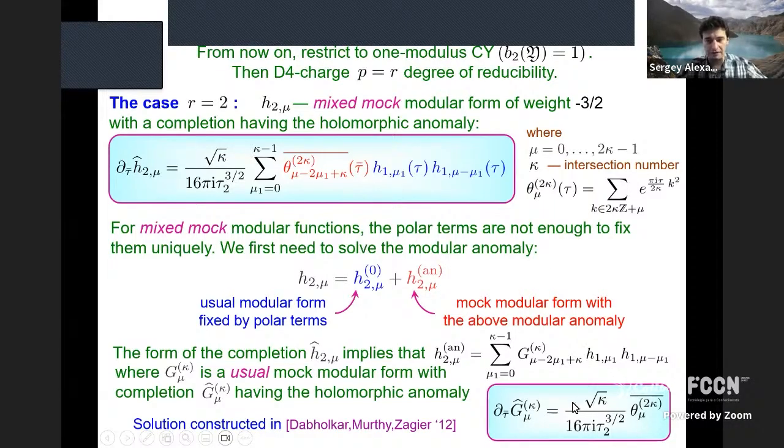And it turns out that precisely this problem has been considered by Dabholkar, Murthy, and Zagier in their famous paper, where they first discovered mock modular forms in the context of black holes in string theory. They considered black holes in N=4 compactifications of string theory, but the mathematical problem which they solved was actually exactly the same.